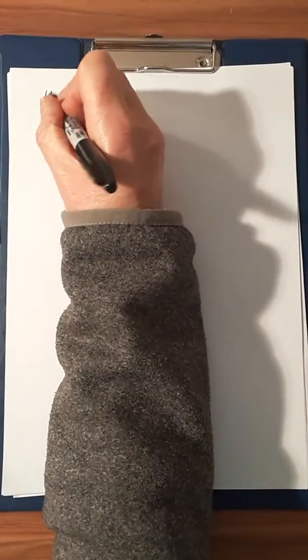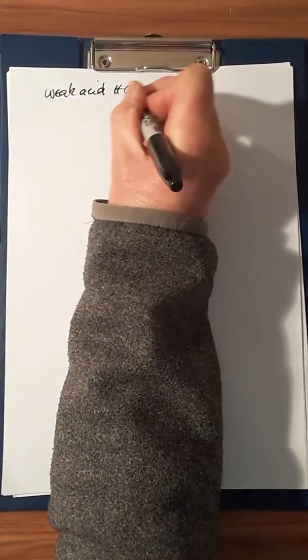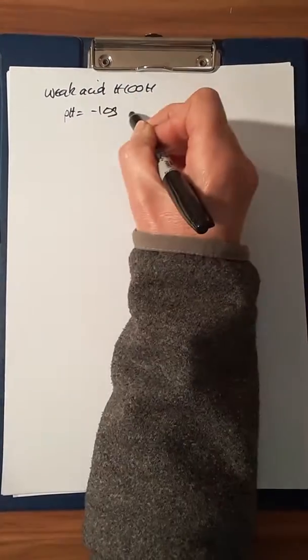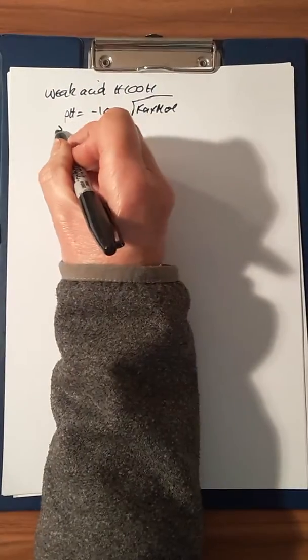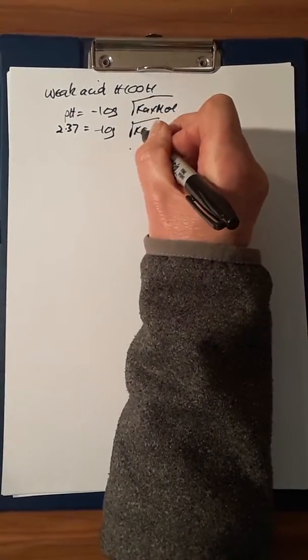Okay, so we've decided now it's a weak acid. Methanoic acid is a weak acid, which means the pH of a weak acid is minus the log of the square root of the Ka by the molarity. The pH, I'm told, is 2.37. So this is minus the log of the square root of the Ka.